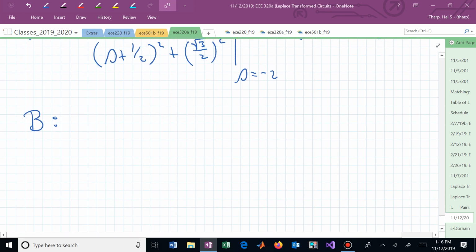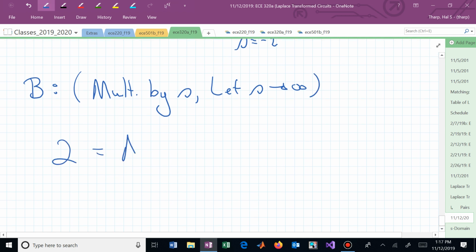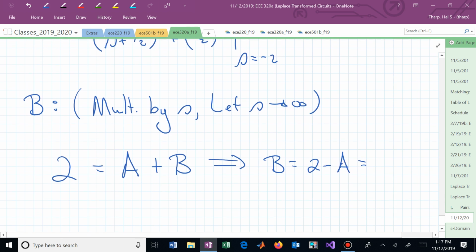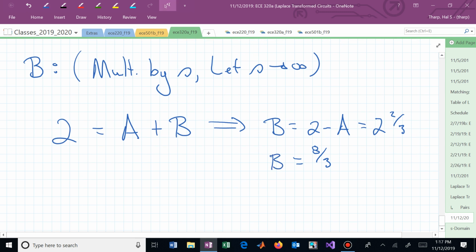So now this one I'm saying I'm going to multiply by s and then let s go to infinity, and I end up with 2 equaling A plus B. I've already found A. B is now 2 minus A, and A was minus 2/3. B is now 8/3. We're almost there, and it really didn't take too much effort. What about C?